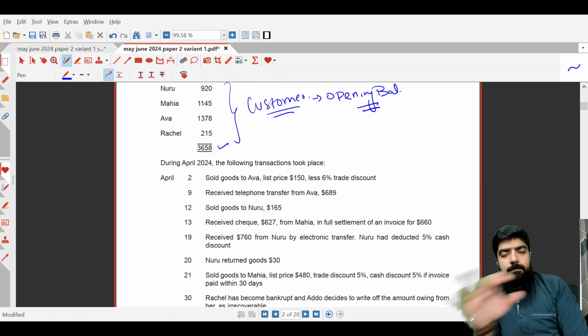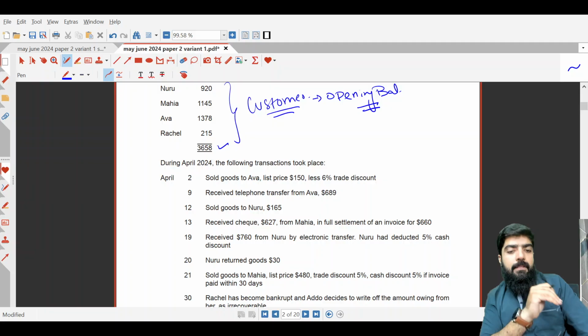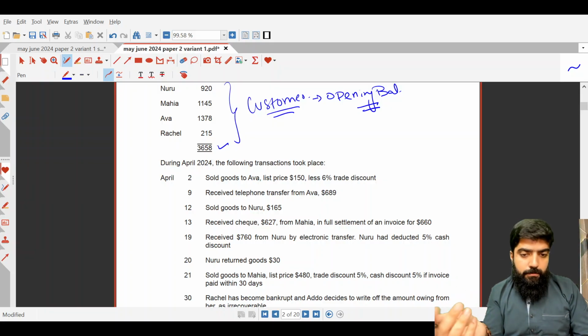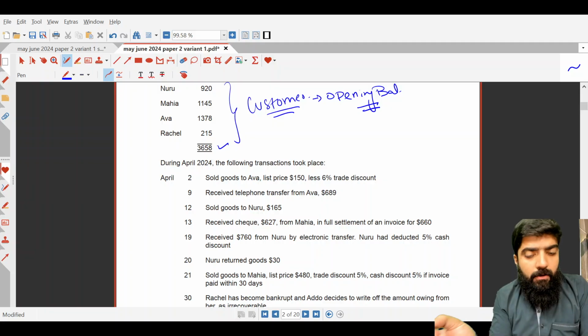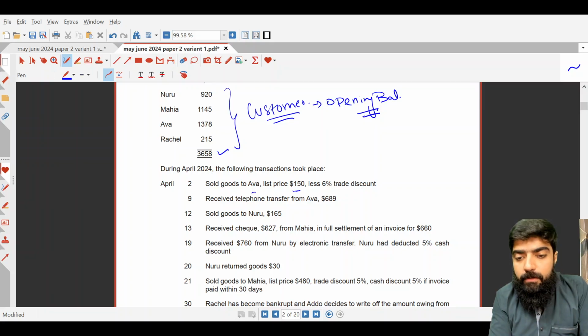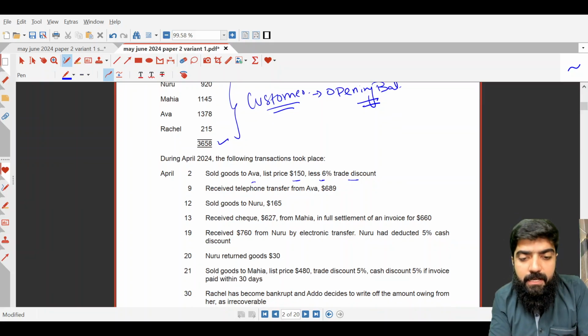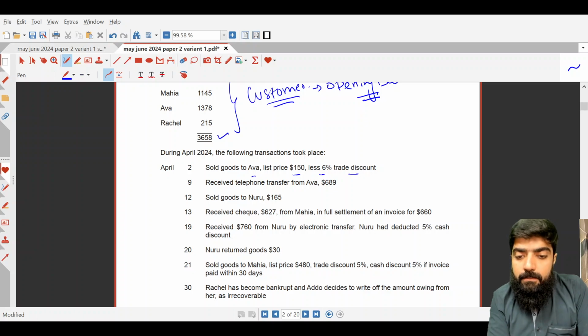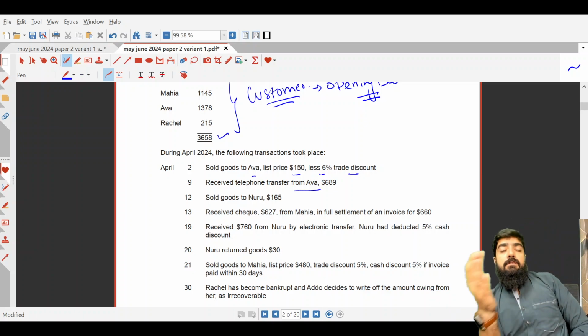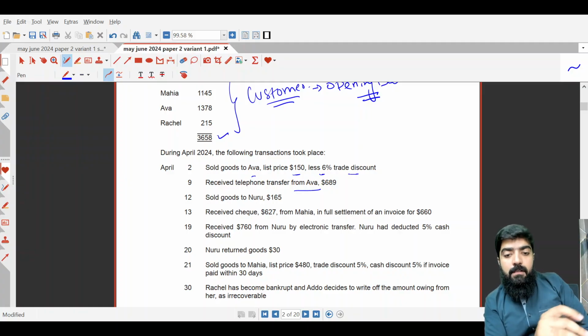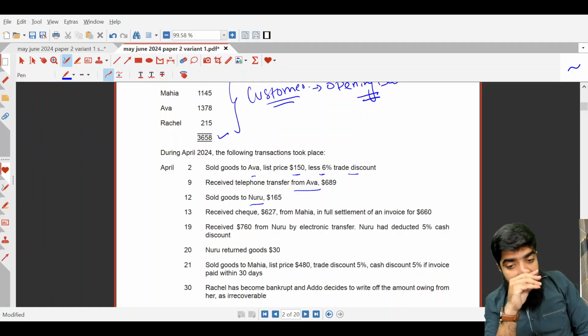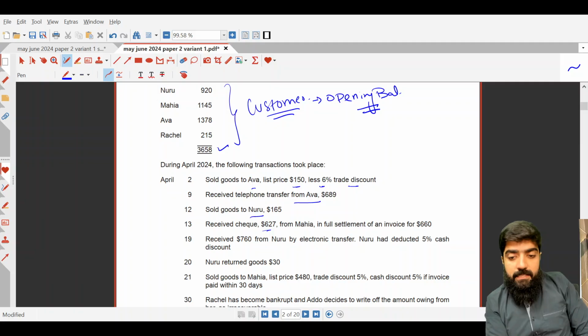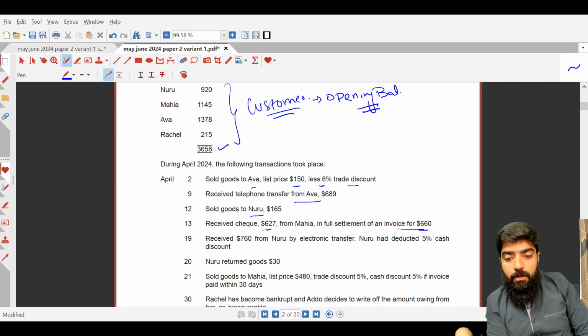Now it's a very simple and moderate question. During the year the following transactions took place. On 2nd of April sold goods to Eva, a customer, list price is 150 less 6% trade discount. Received telephone transfer from Eva, which means an amount received from the customer. Sold goods to Nuru, and then received a check of 627 from Mahia, again a customer, in settlement of an invoice of 660, which means there is a discount.